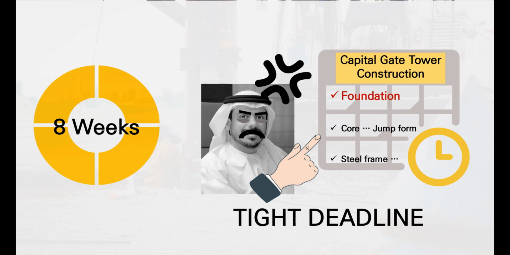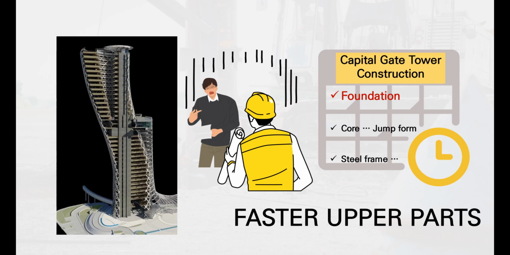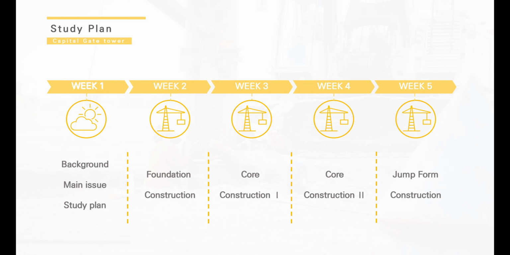There had to be no let-up on this schedule because Sheikh Sultan, the client of this building, wanted Capitol Gate to be completed by an impossibly tight deadline. So, the engineers had to devise a new way of stacking upper parts. Their adventure had just started, and there were more to come.